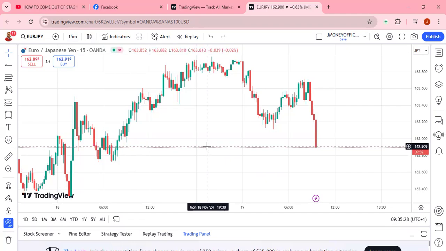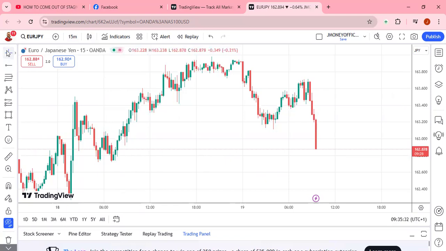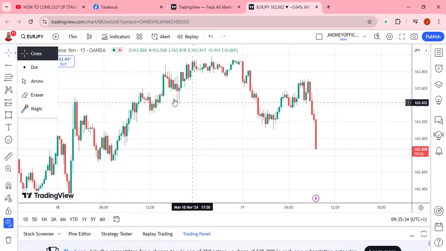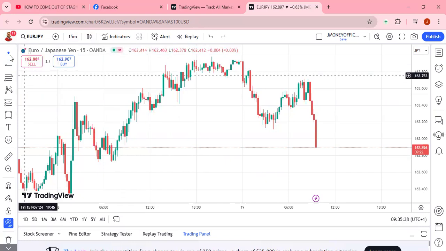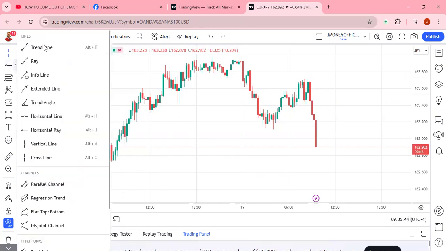So now, all these things here are useful. This one I call carry is for me to be able to see all of this. If you have a system, these are things you may study just to know. You click here and you see a lot of them: trend line, ray, info line, the horizontal line.